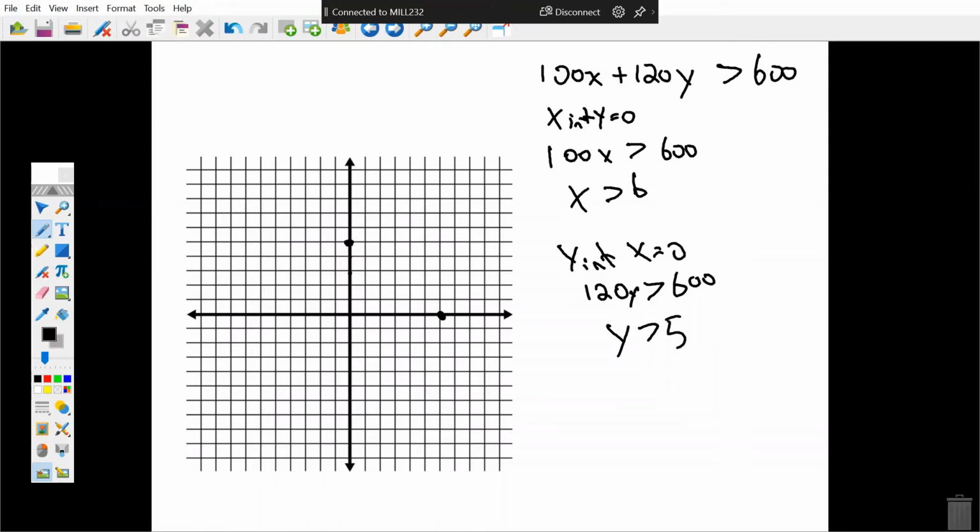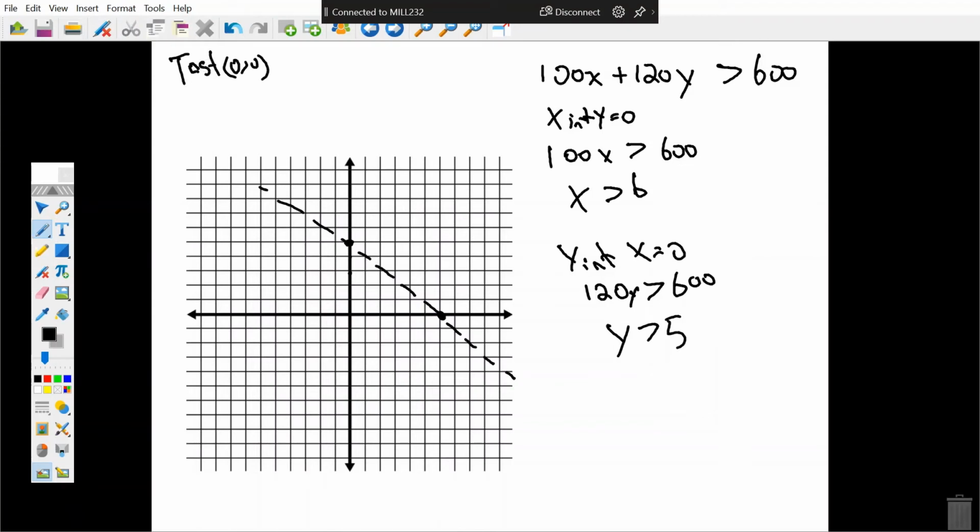Now, this time it is not equal to, right? It's just greater than. So we're going to use a dashed line. Okay? So now we've graphed it. The next step is to do the solution set, do the test. Okay, so we're going to test with 0 and 0.